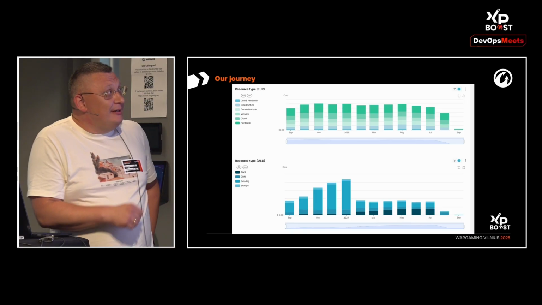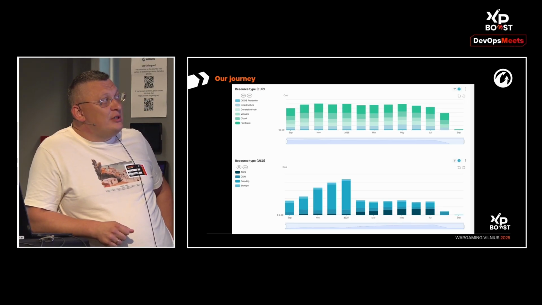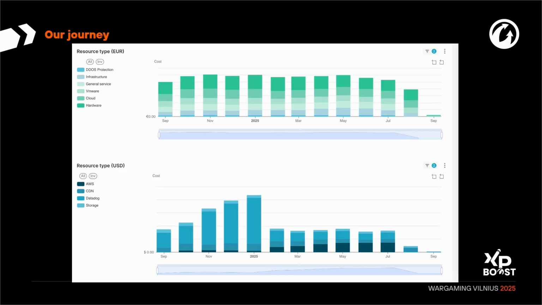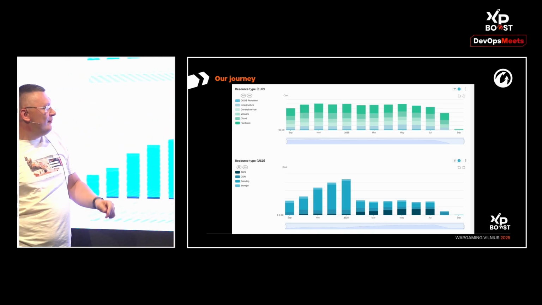So this is an example of our monthly resources dashboard with historical data. What is interesting here? At this time we closed the old system, and products started to use the new system, and the spend of costs for this one product is decreasing.